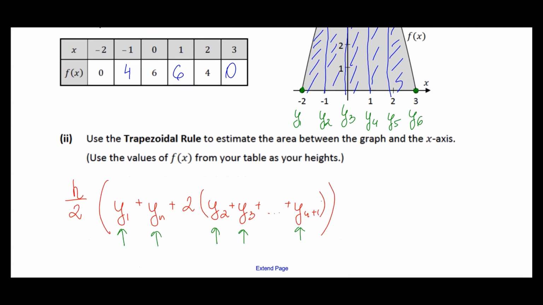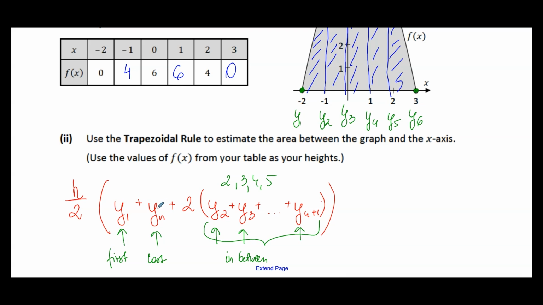Okay. So in this formula, y1 is always the first length or the height, and yn is the last one. Now, what you have in brackets here are all in between. In our case, it will be 2, 3, 4, and 5. So they all will go into that bracket here.